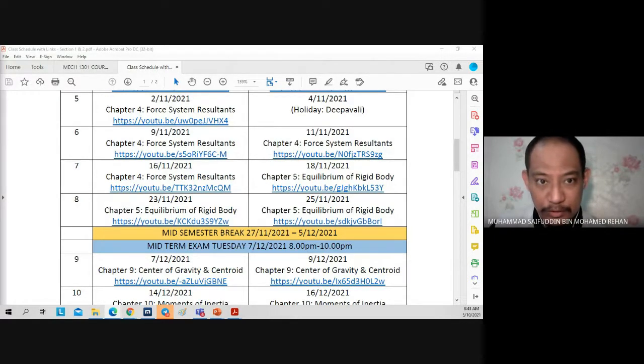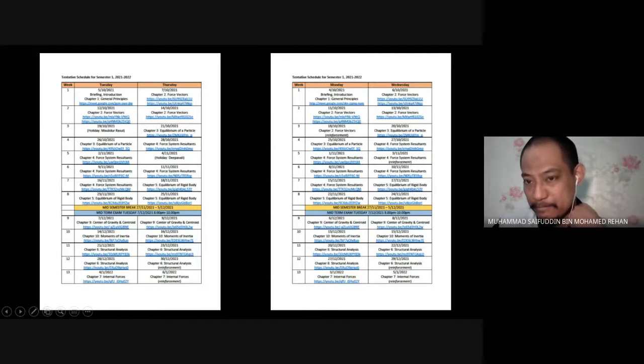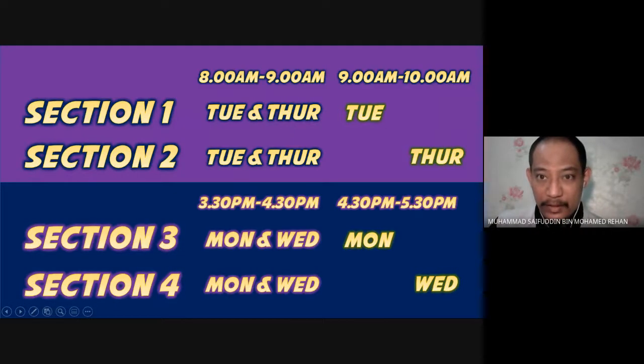Right. So this semester, it may be the first time since I don't know when that the midterm will be after the break. So hopefully you can prepare better during the break. Hopefully, inshallah. All right. Now, in terms of the scheduling of each week, if you look at the schedule, basically it will be like this.